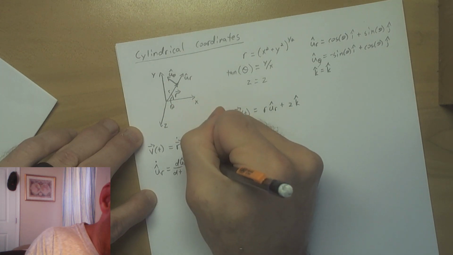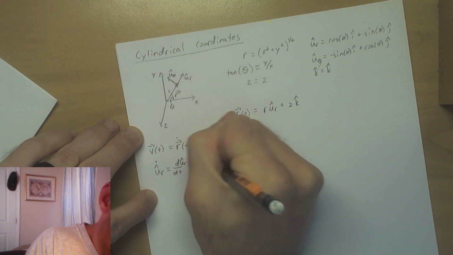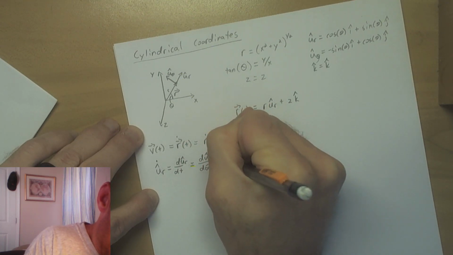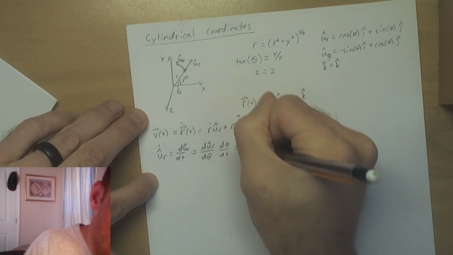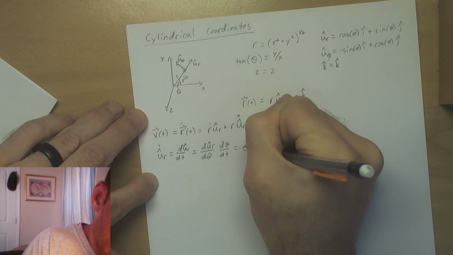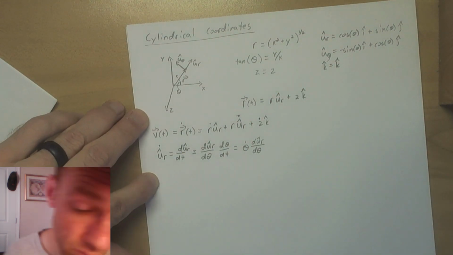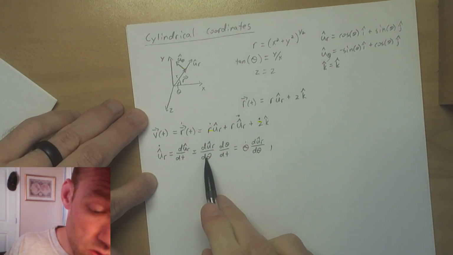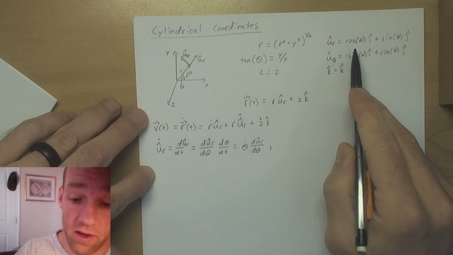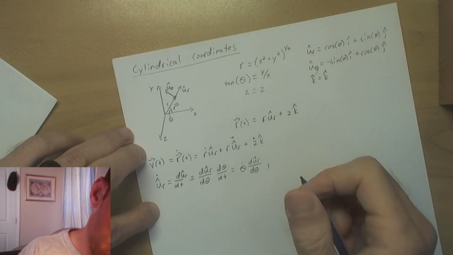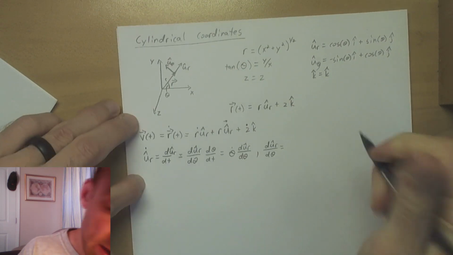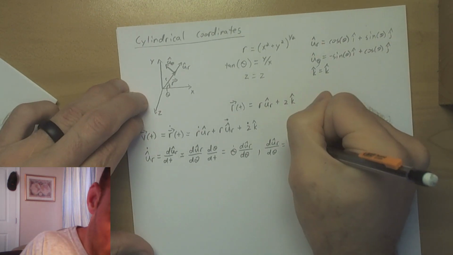So we can decompose that into, and so shorthand for that would just be theta dot times du sub r/d theta. All right, so we've made a little progress. U sub r is defined as a function of theta, so we can take this derivative. And so the derivative of cosine is negative sine.